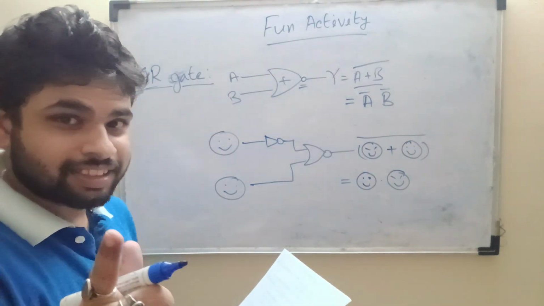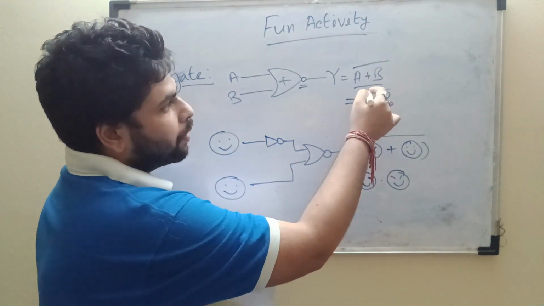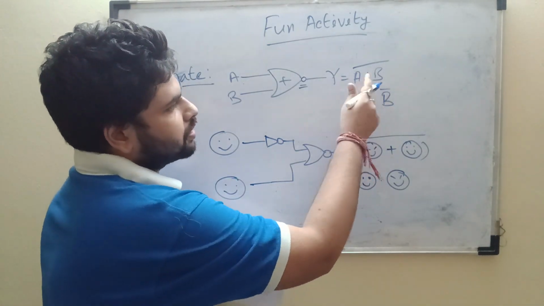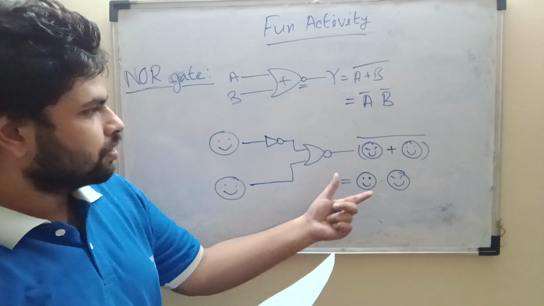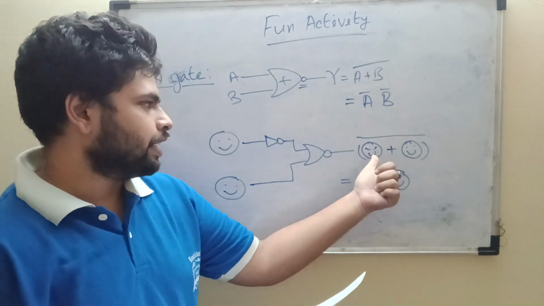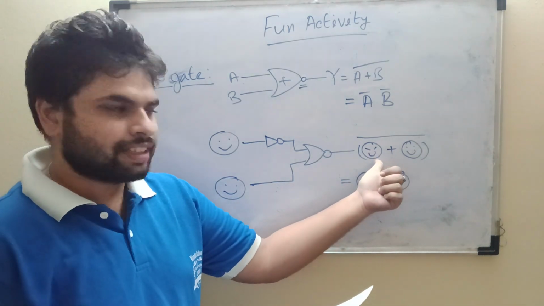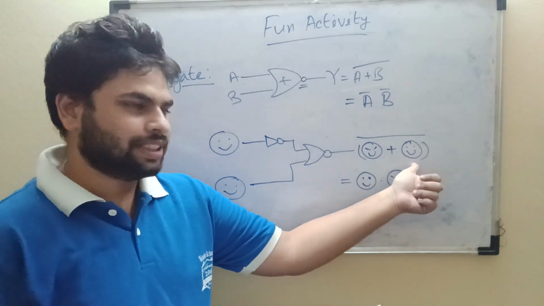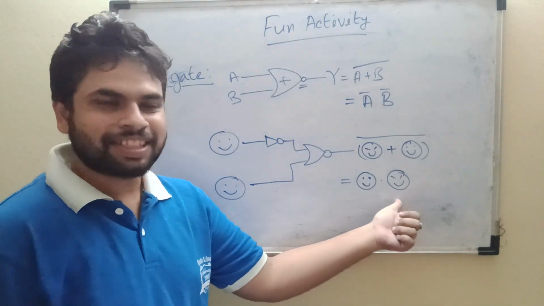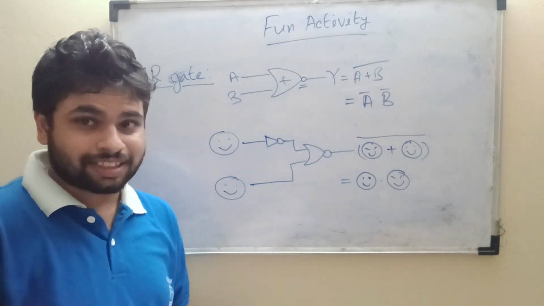I did this because there is a bar, so there is a complement. If it is A, then it's A bar, if it is B, it's B bar. So thus we can signify these NOR gates.